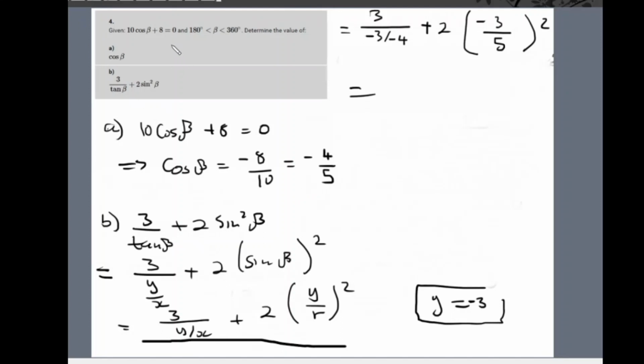The value of r is 5, the value of x is -4, and the value of y is -3. We know tan beta is y over x, so y is -3, x is -4, plus 2 sine squared beta.